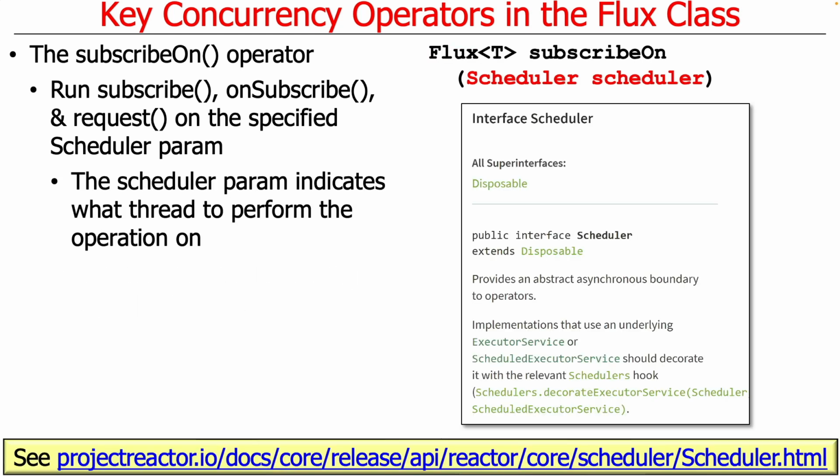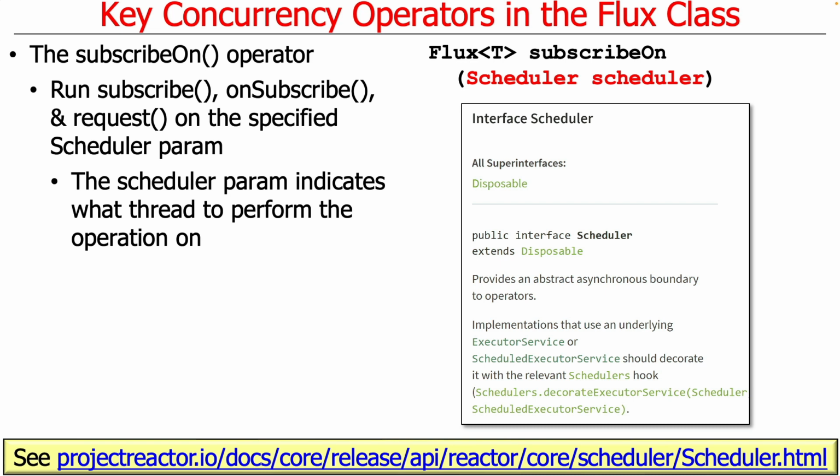One of the things that you'll note is that the schedulers are treated separately from the Fluxes. So a scheduler is passed as a parameter to a Flux. And we'll talk about why that is in a second, but it's interesting to think about that. The reason it's done that way is that there are also other classes like ParallelFlux or Mono that can also work with thread pools or special threads.